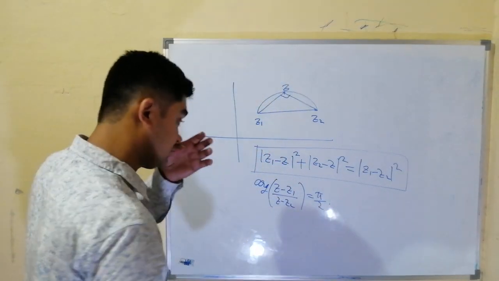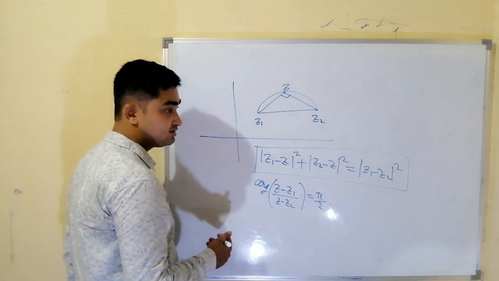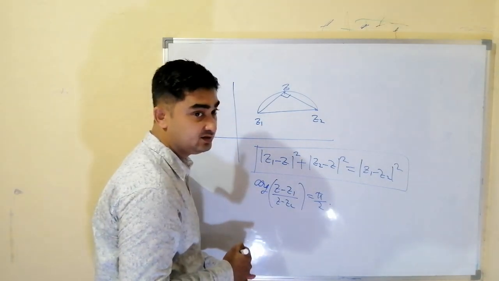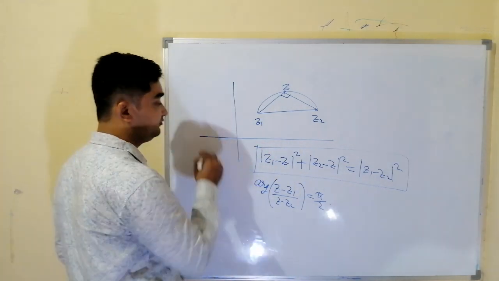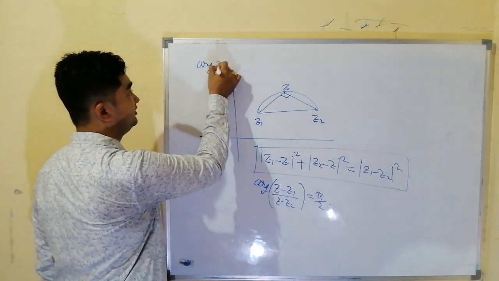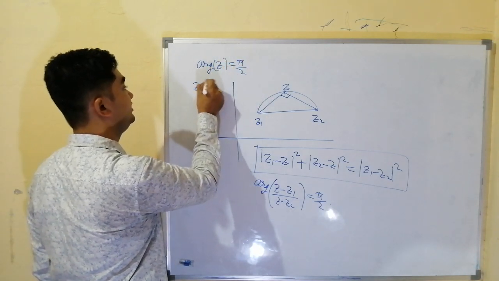If anything is purely imaginary, its real part is 0, which means after taking the conjugate, we'll get the negative of that. So if the argument of z is pi by 2, then z plus z bar is 0.